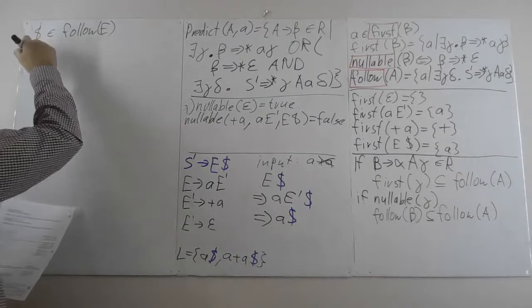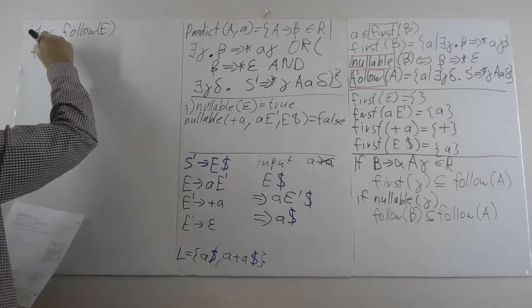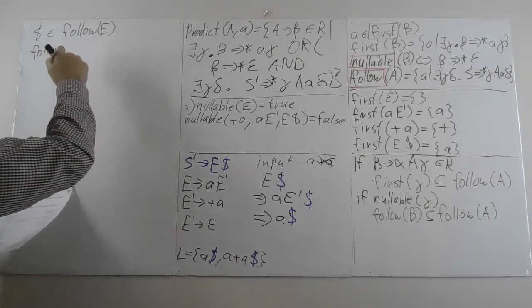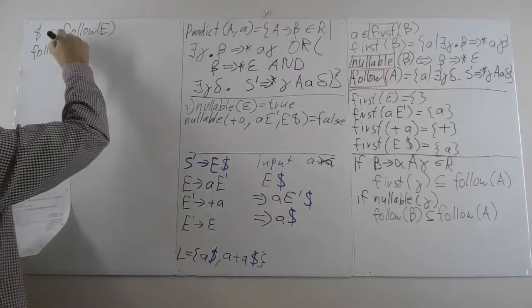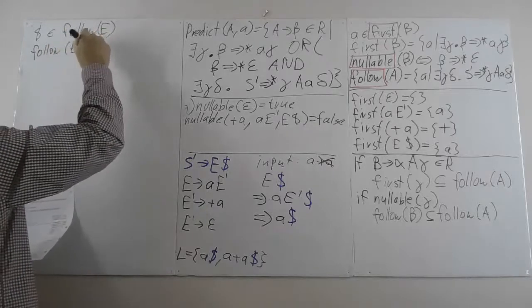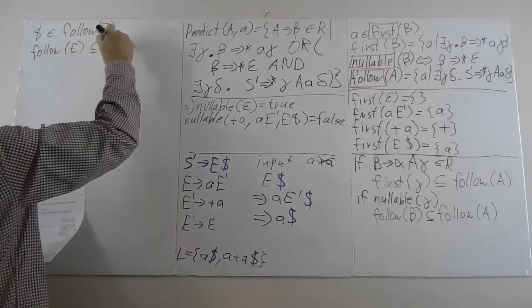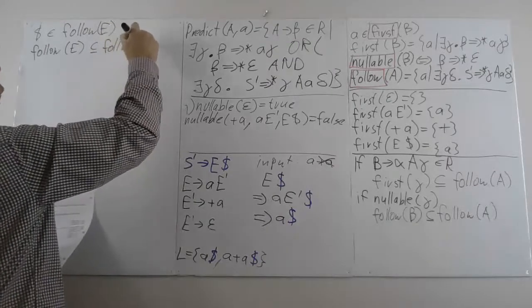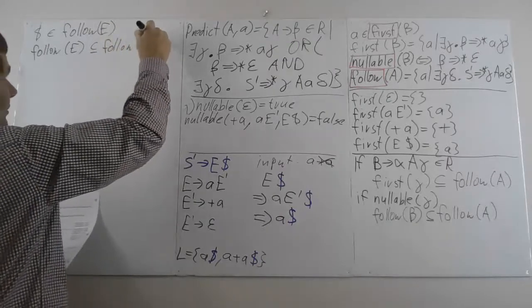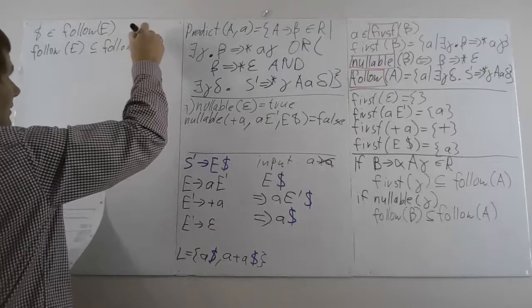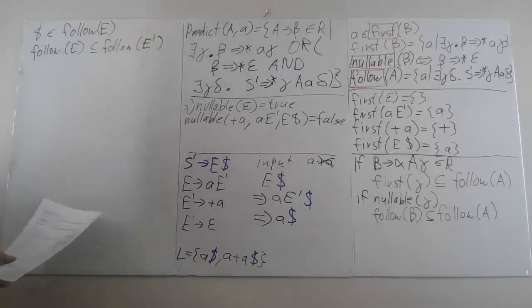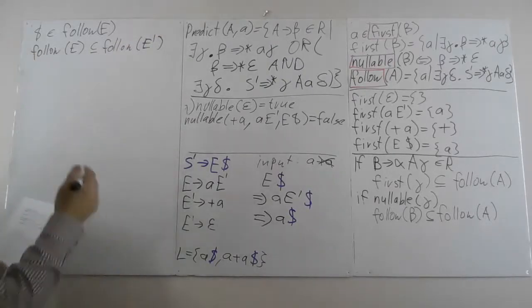So I would say that the follow set of E is a subset of the follow set of E prime. Okay, and so now I can propagate the set.